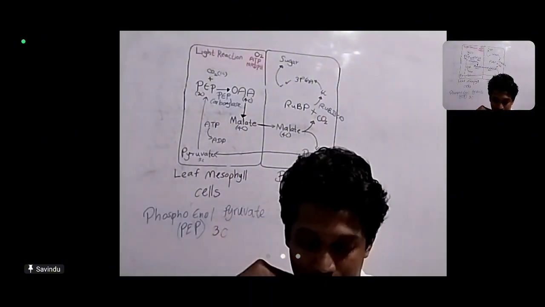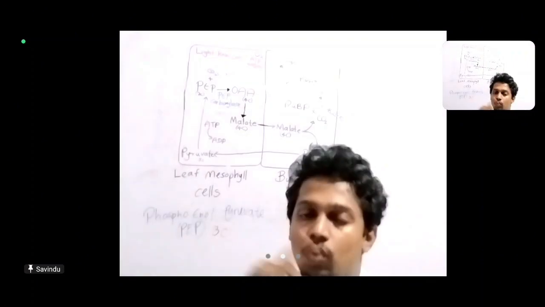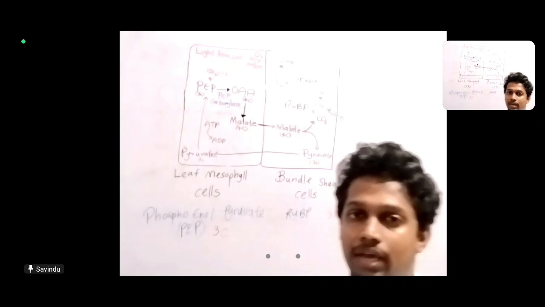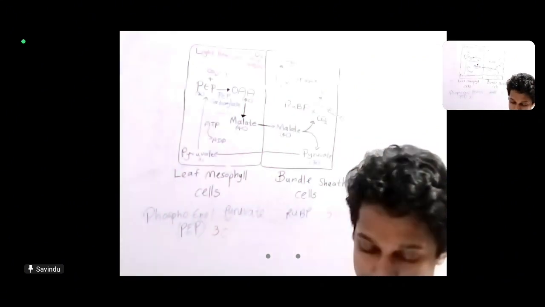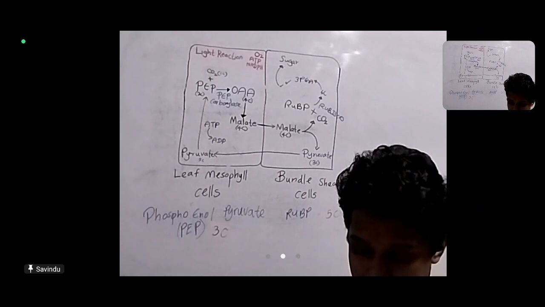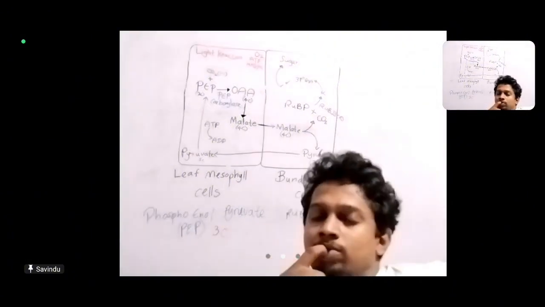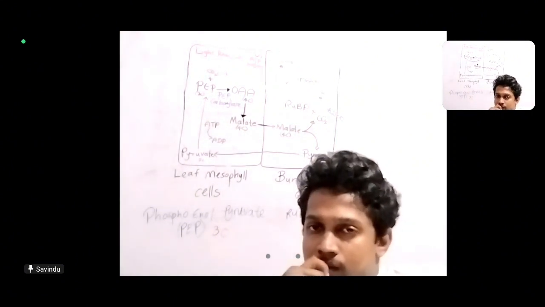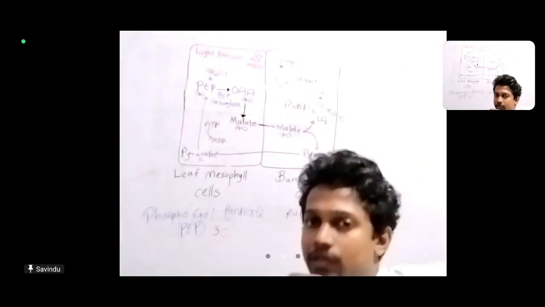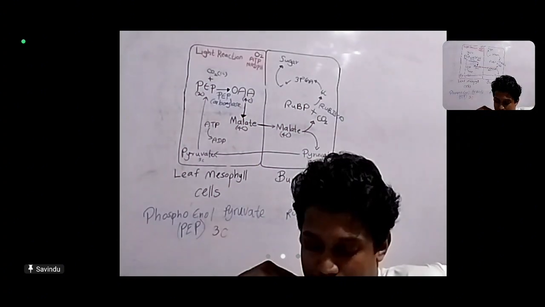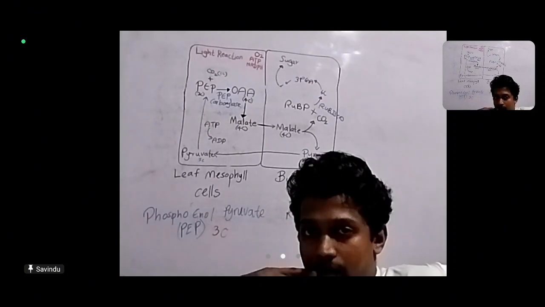Then next point, result is oxaloacetate, OAA. Next point, OAA is rapidly converted.